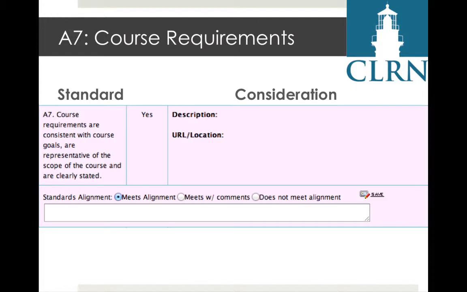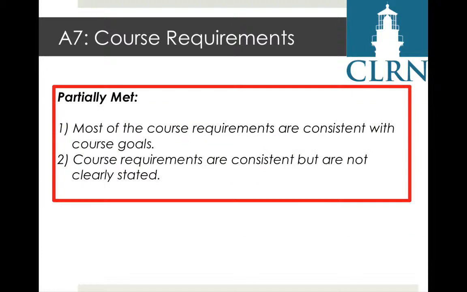Because the course requirements should be among the other materials you've already reviewed, particularly the syllabus, the pre-course learning materials, and the course goals and objectives, we've not asked the publisher to provide a location or description. The course requirements may be found at the beginning of the course, but sometimes they're also embedded at the beginning of each unit or lesson.